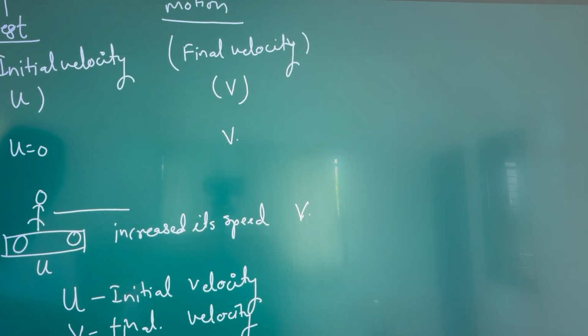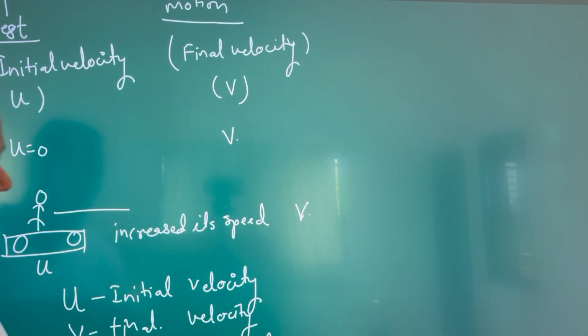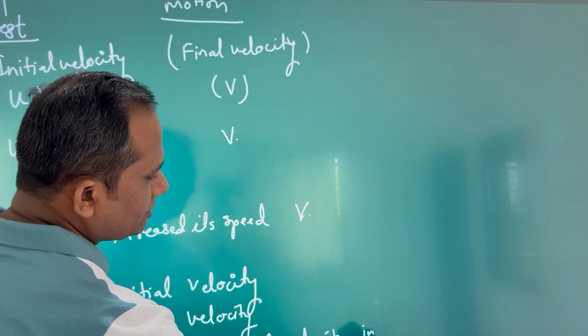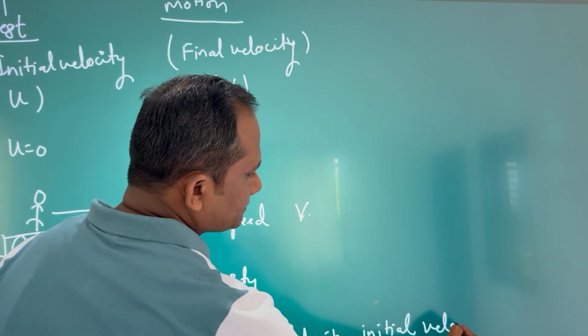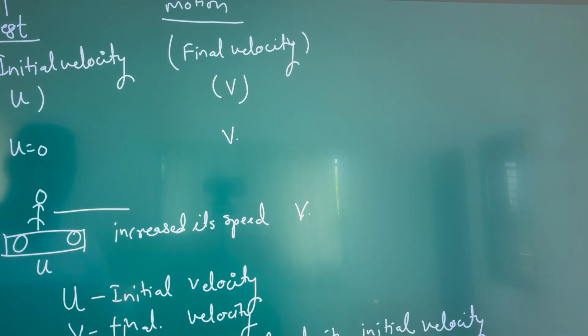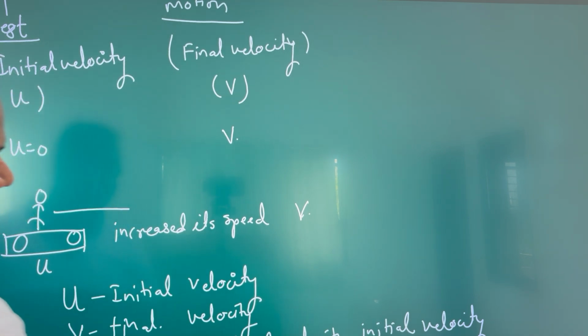Therefore, we want the change in velocity. Then what will be the change in velocity? The change in velocity will be given by the final velocity, the higher velocity, minus the initial velocity. Here v is the final velocity and u is the initial velocity.